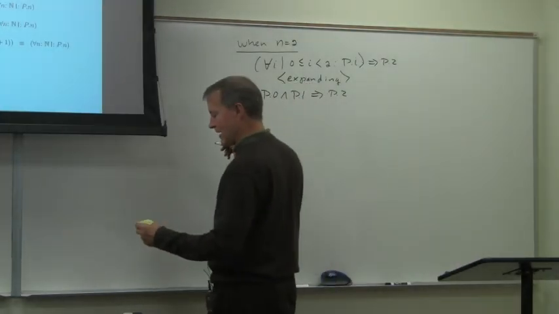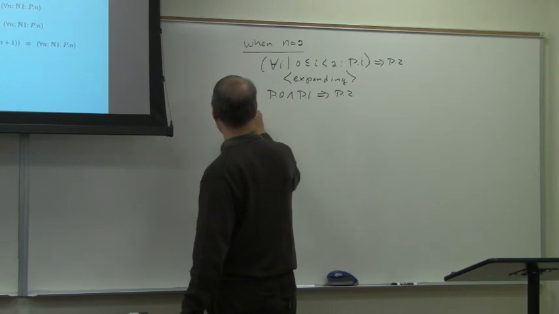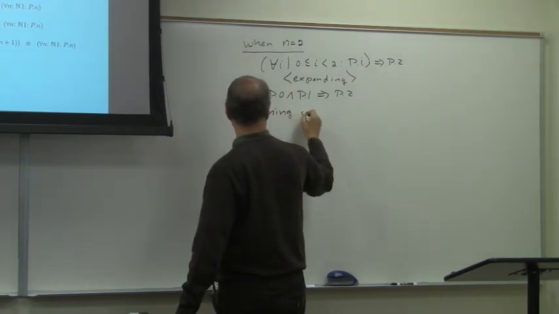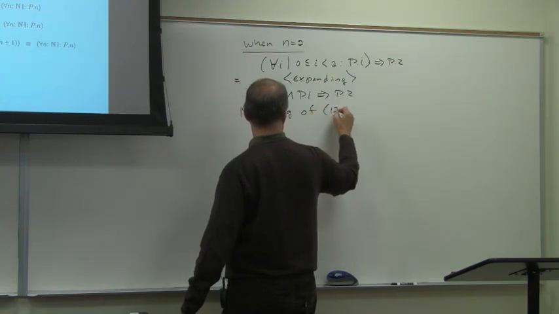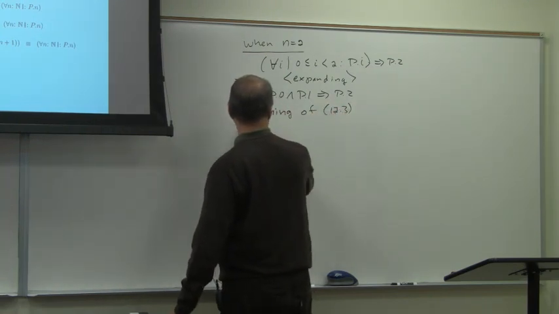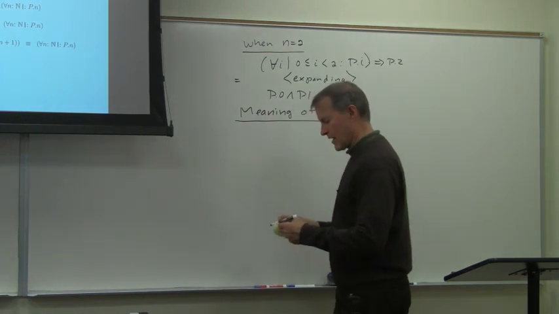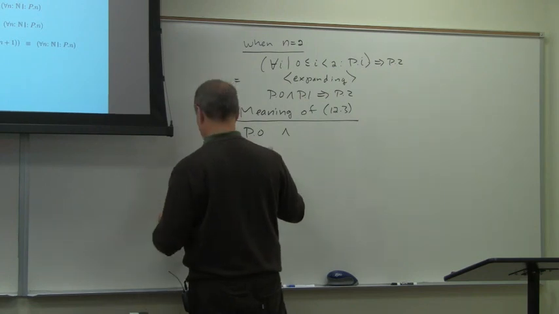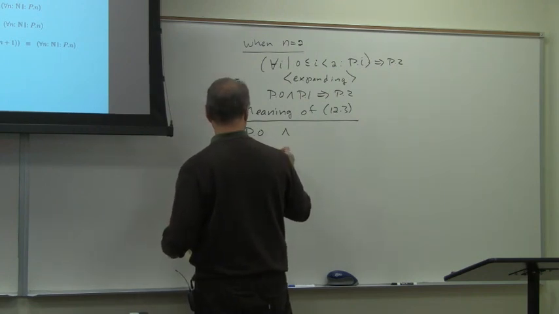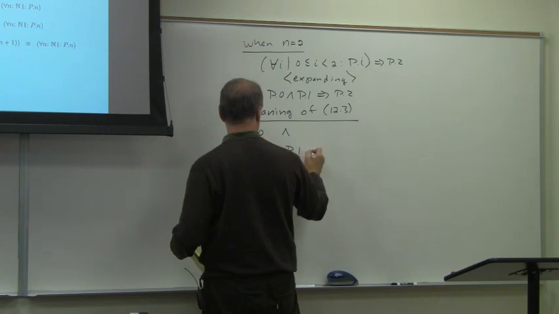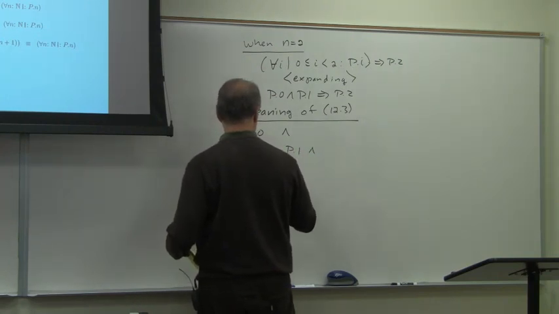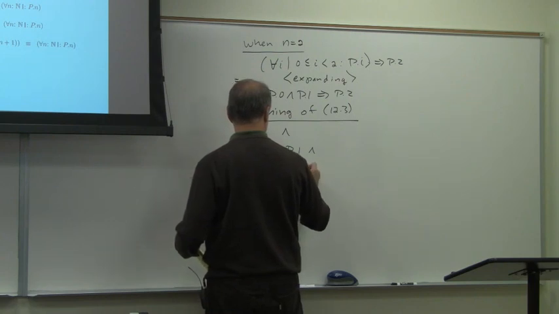Okay, so here's the meaning of 12.3. Let's just write it out. It's P.0 and P.0 implies P.1 and P.1 and P.2 implies what?